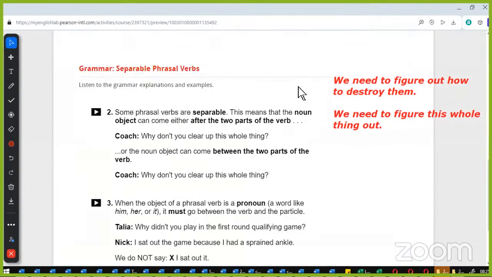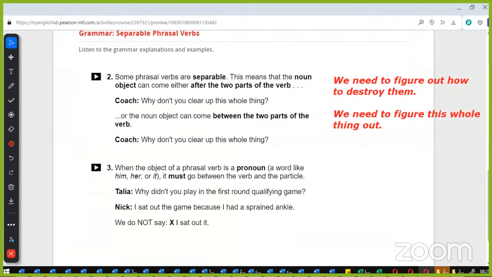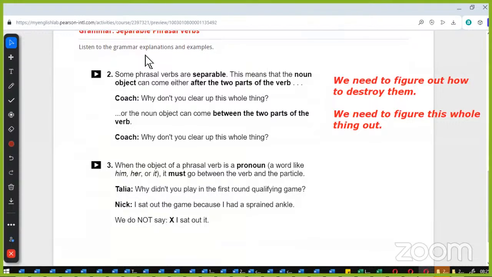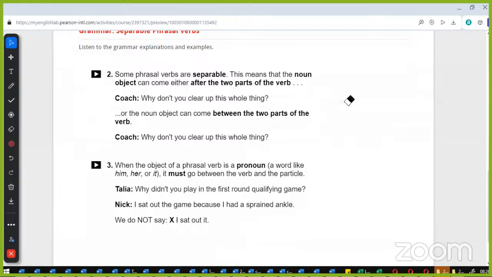I don't know if everything is clear. But there are only some phrasal verbs that are separable. Is there a rule or is it memory? Memory. Everything on phrasal verbs is memory. And there are many, to be honest with you. I don't know all of them because you don't need all of them.